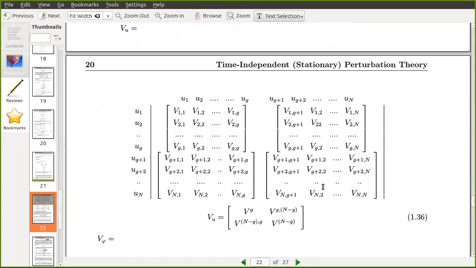The total order was n by n states, but out of this, G states are degenerate, only this much. So I cannot select all of this. So this is the block of the degenerate states: V11, V12, V1G, etc. up to VGG. These are the untouched non-degenerate part, so we are not touching all these things. We are changing only this V^G.